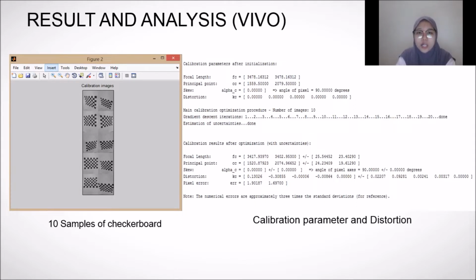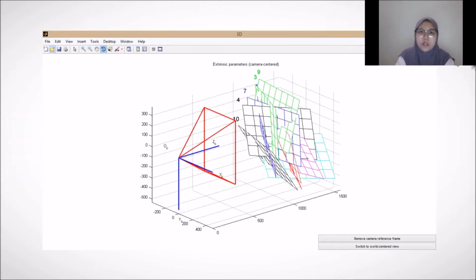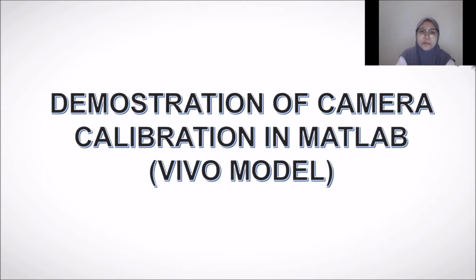The next one is the calibration parameters and distortion in MATLAB, where we have focal length, distortion, and pixel error. This is also the extrinsic parameter shown in the MATLAB result.